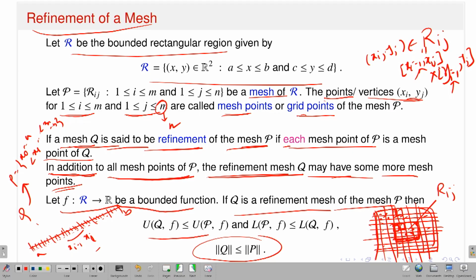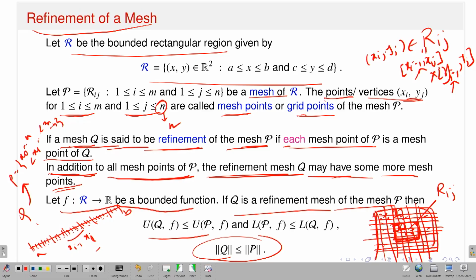If I have the partition P, whatever the sub rectangles are, they are denoted as Rij. If I consider the length or diameter, and take the finer partition, because I am taking more subdivisions of my cell Rij, of course the sub rectangle's area will be less. Once the area of the sub rectangle is less, the length of the partition is also less or equal to the norm of the given partition.